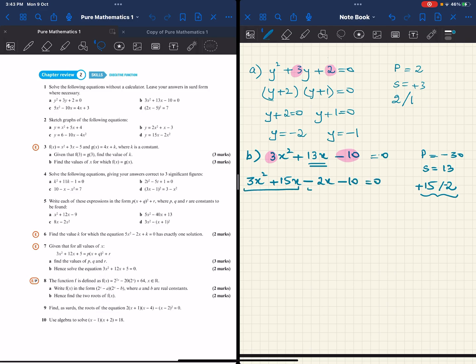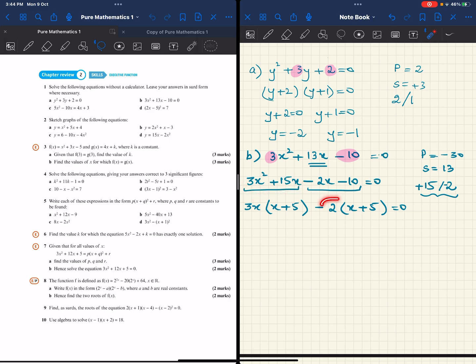Take common from the first two, take common from the last two. 3x into x plus 5. Take minus 2 common, x plus 5. When I open this bracket back, I should get the step above.